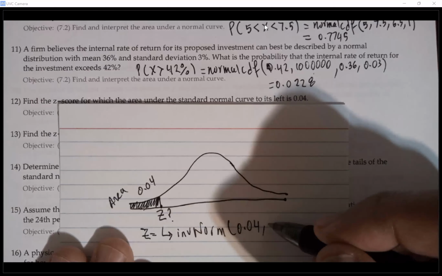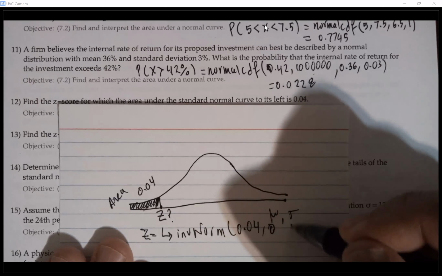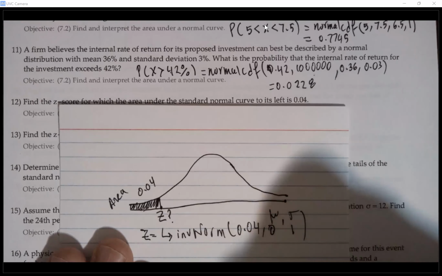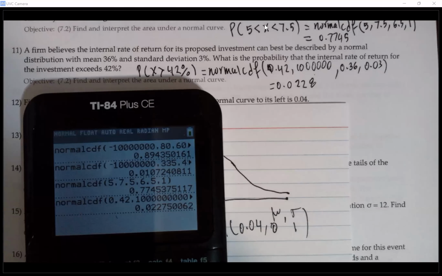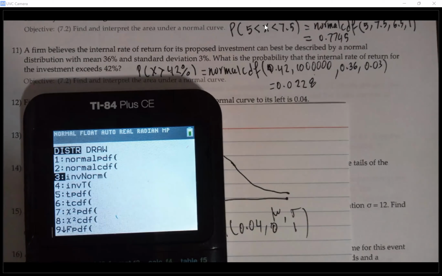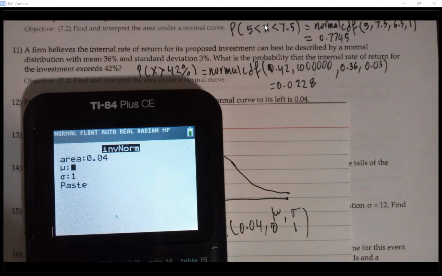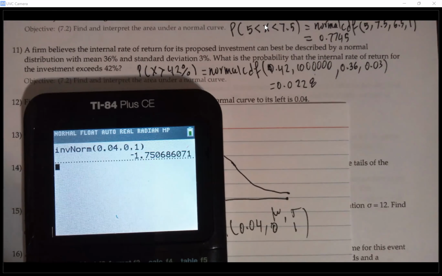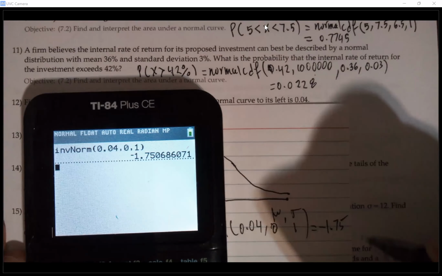And it requires the mean and the standard deviation. The mean is 0 and the standard deviation is 1 since we're working with z. This is the second calculator feature that you'll be using in this chapter, inverse norm, 0.04. It's going to be negative because it's on the left, negative 1.75. That's the z-score.